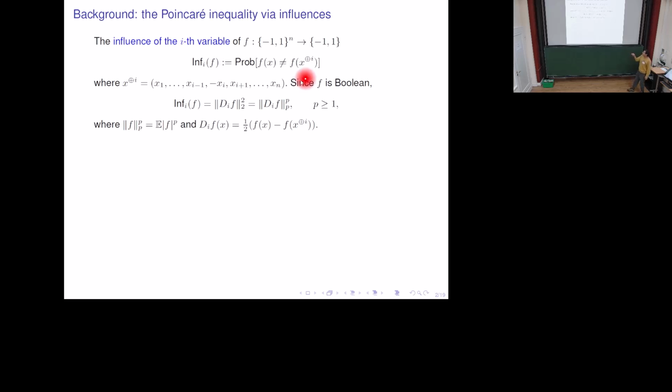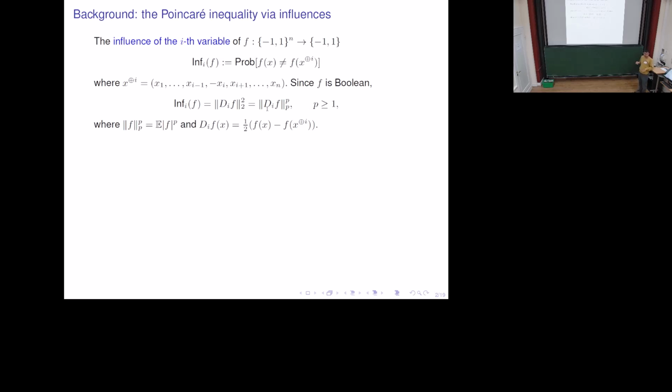So here you always have this very important identity that is very often used in many places about the Boolean function. So no matter which p you choose, the pth power of the LP norm of DI of f is always the influence. Okay. So here I define this for Boolean functions.